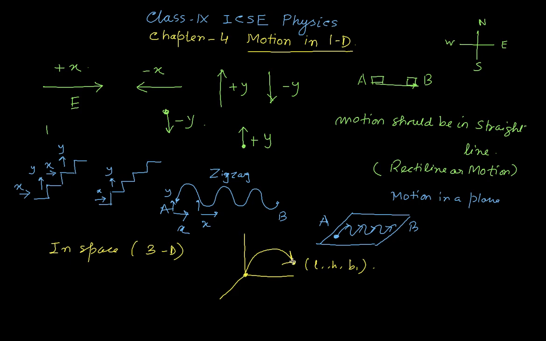If you want to come to this point, you should travel along the L direction, along the H direction, and along the B direction. This means you have to travel along three coordinates X, Y, Z. This is the X coordinate, this is the Y coordinate, and this is the Z coordinate, and this is also a mixed motion called three-dimensional motion.